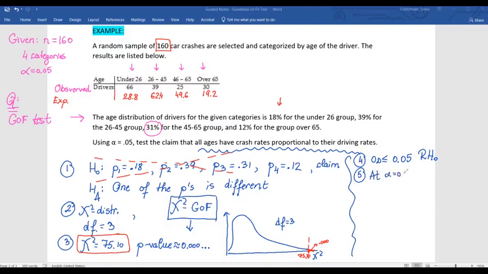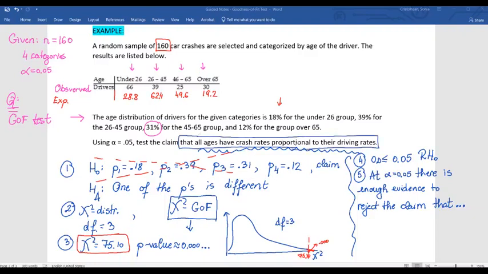At alpha equals 0.05, there is enough evidence to reject the claim that, and please copy this down, all ages have crash rates proportional to their driving rate.